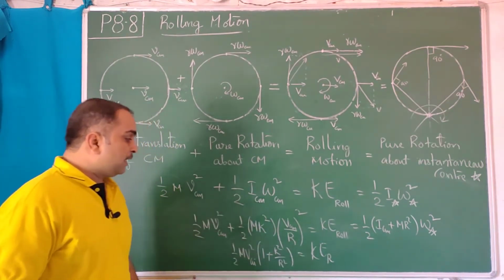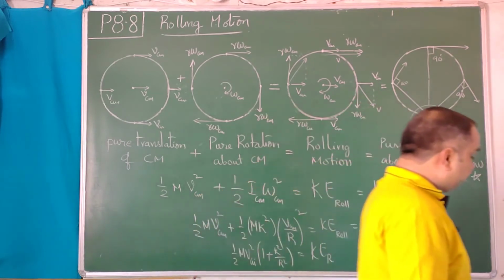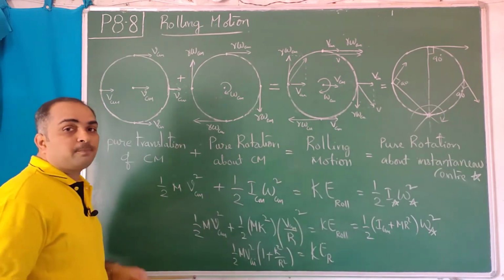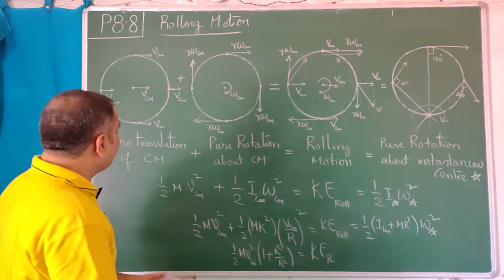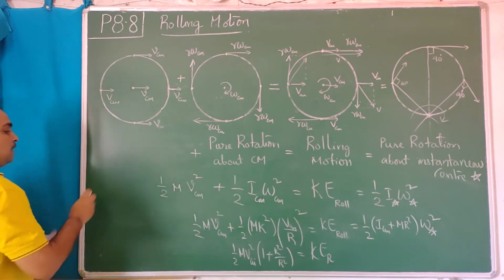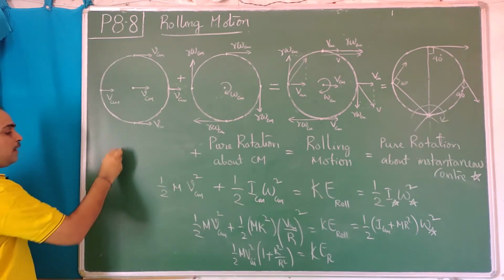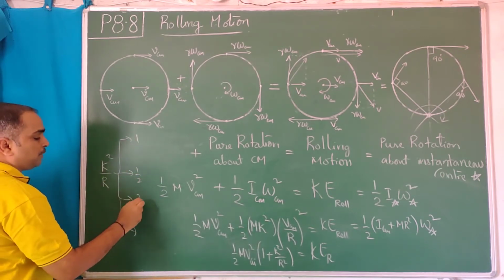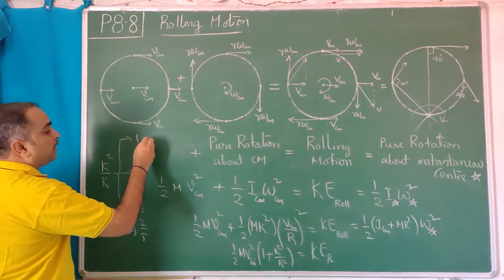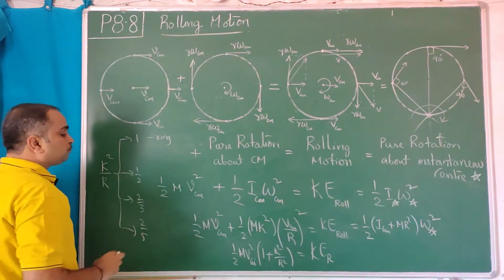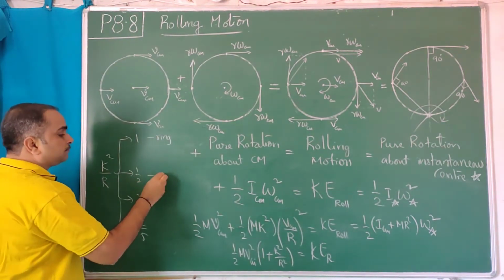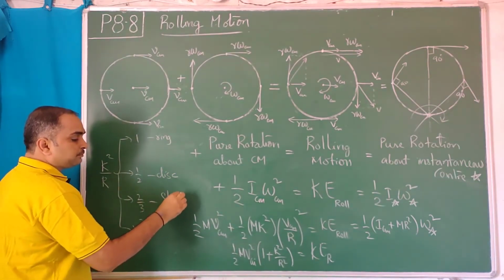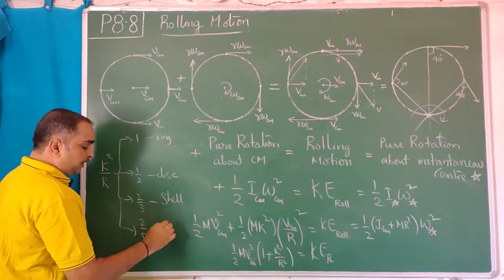So this is the kinetic energy of rolling, and the k square by r square values we discussed previously: 1, half, 2 by 3, 2 by 5. 1 for a ring or hollow cylinder, half for a disc or solid cylinder, 2 by 3 for a spherical shell, 2 by 5 for a solid sphere.